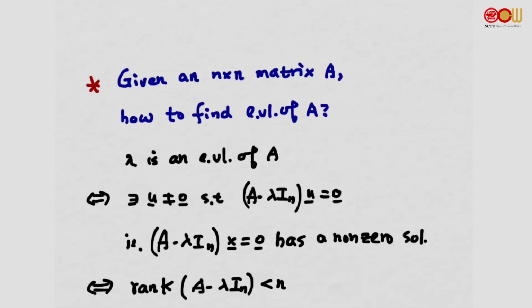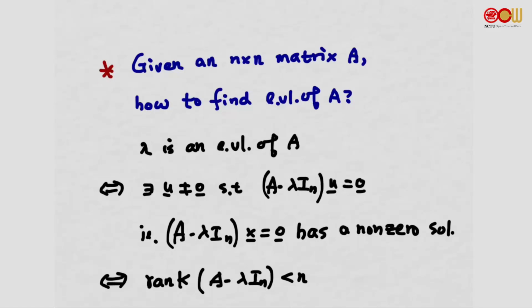And this homogeneous equation has a non-zero solution if and only if this matrix has a rank less than n, so that the null space is a non-zero subspace.